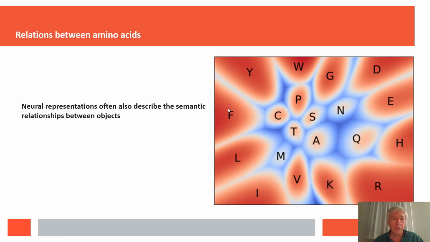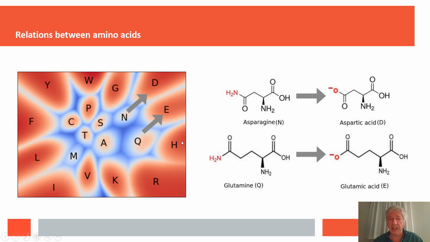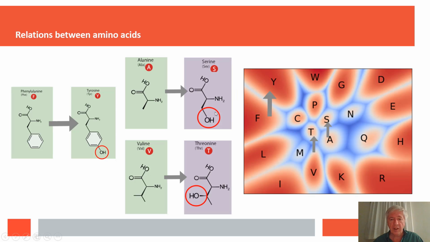So neural representations often also describe semantic relations. For example, if you go from asparagine to aspartic acid or from glutamine to glutamic acid, chemically it's the same difference. And in the 2-dimensional plot, it's the same vector. Similarly, valine to threonine, alanine to serine, phenylalanine to tyrosine adds an oxygen.